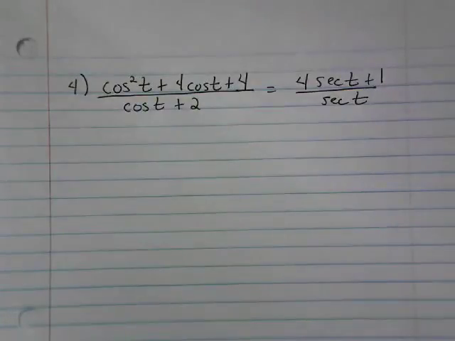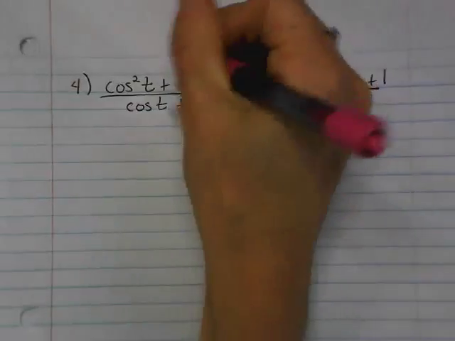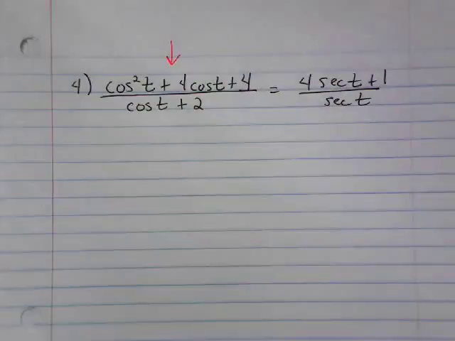Alright. Let's see if we can figure out what to do. Decide what side you want to start on. So you want to start on the worst side. So who looks worse? That side. Well, we already have a common denominator, so that's a good thing. Everything's in terms of sines and cosines, so that's a good thing.